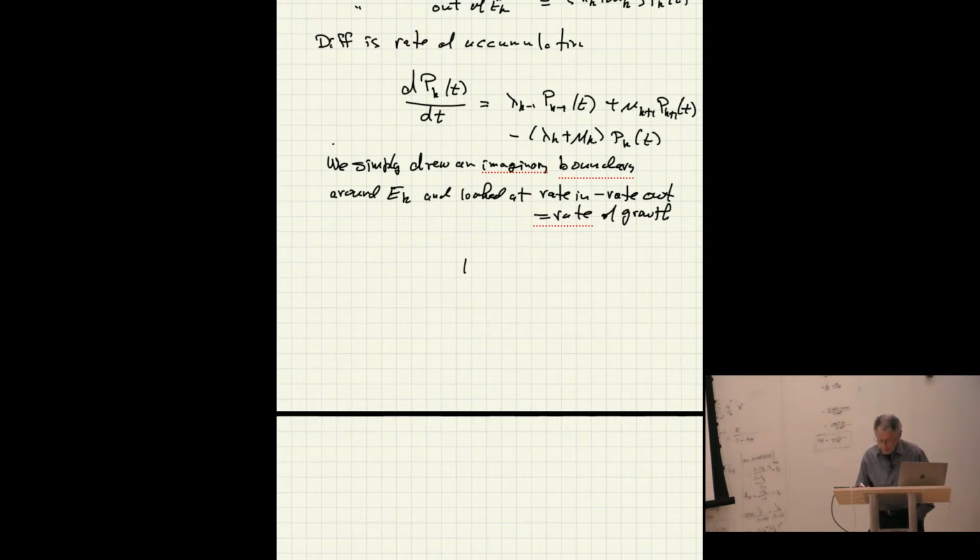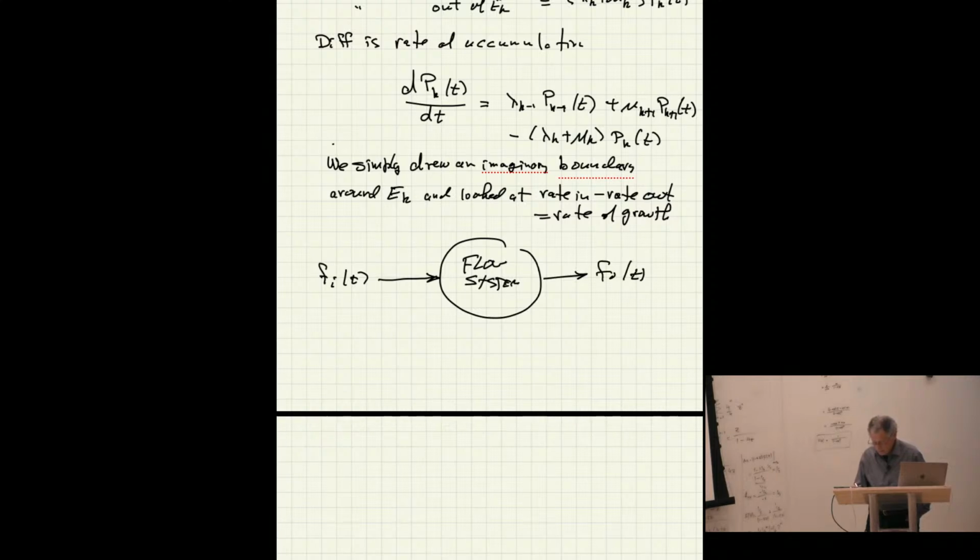There was a flow system for gallons of water, stuff coming in at some rate f_I(t), leaving at a rate f_O(t), and the amount that's accumulated in here, f_S(t), was the difference between those two rates.